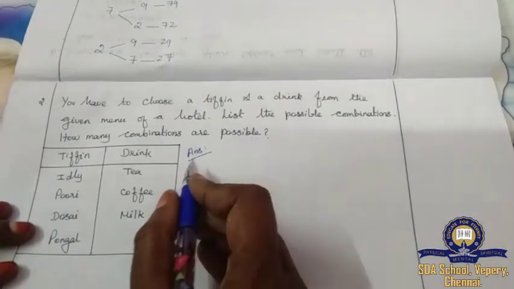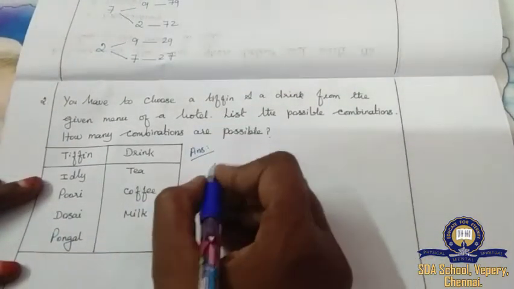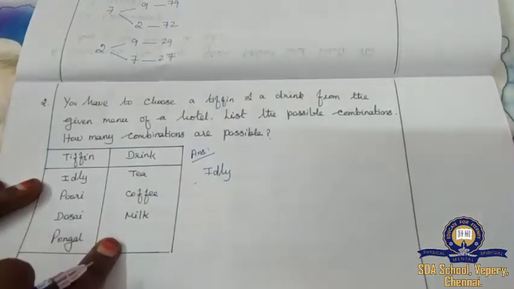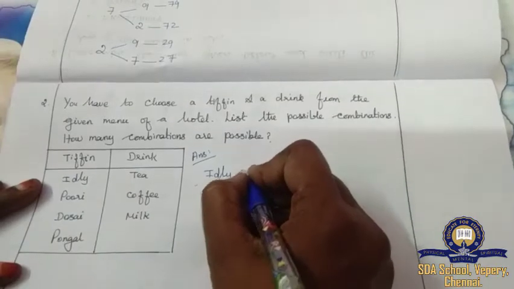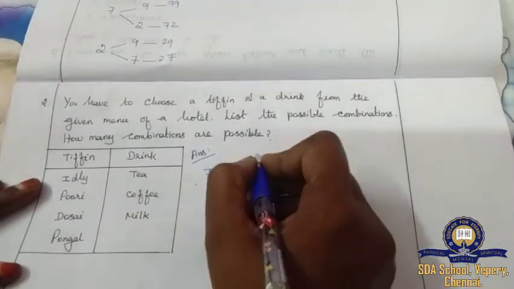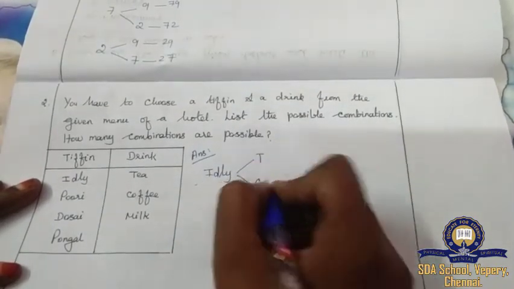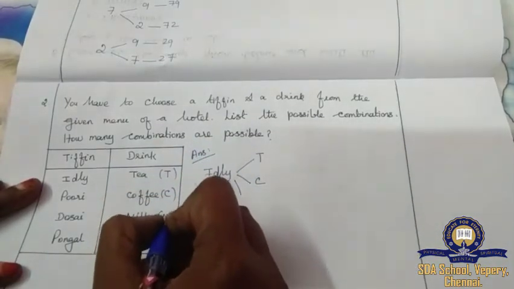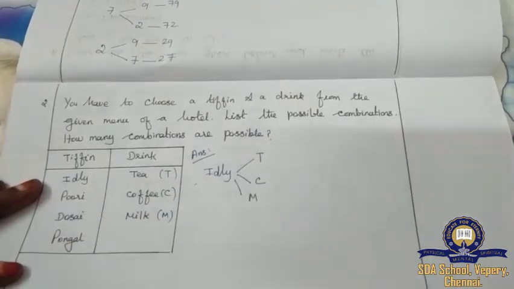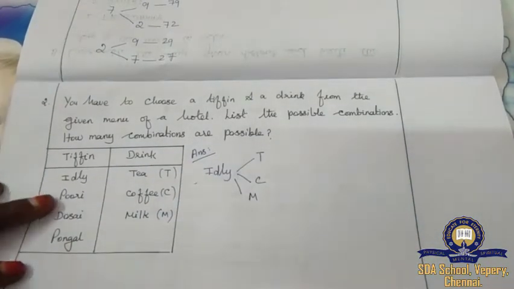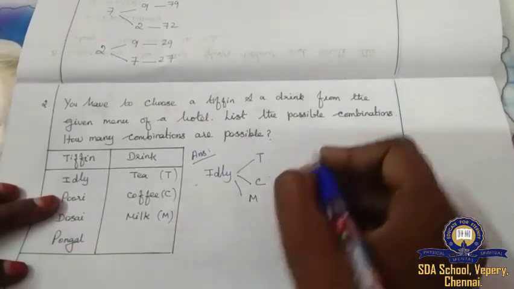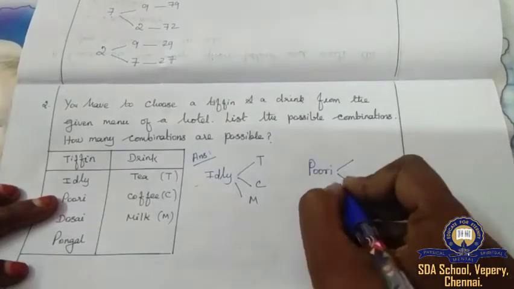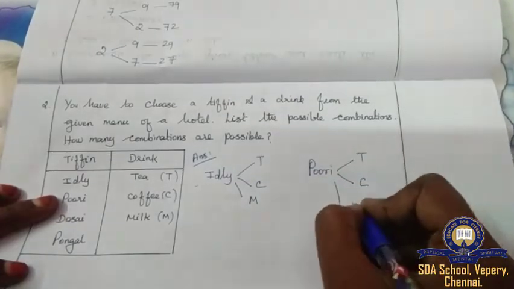Let us see the answer. First we will take idli. With idli, three possible drinks are tea, coffee, milk. I am taking tea as T, coffee as C, and milk as M. Next puri, three combinations: tea, coffee, milk.